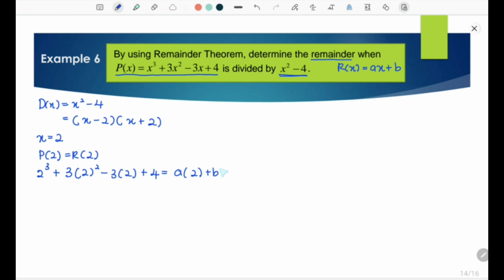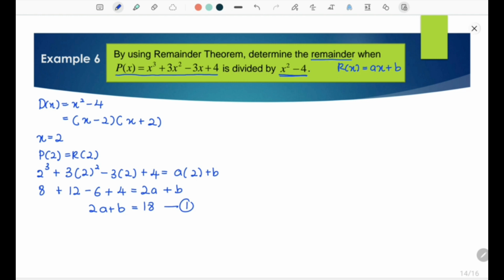So we expand these equations. We're going to get 8 plus 12 minus 6 plus 4 equal to 2a plus b. Rearrange these equations. I will write 2a plus b on the left hand side equal to 18. This will be the first equation.